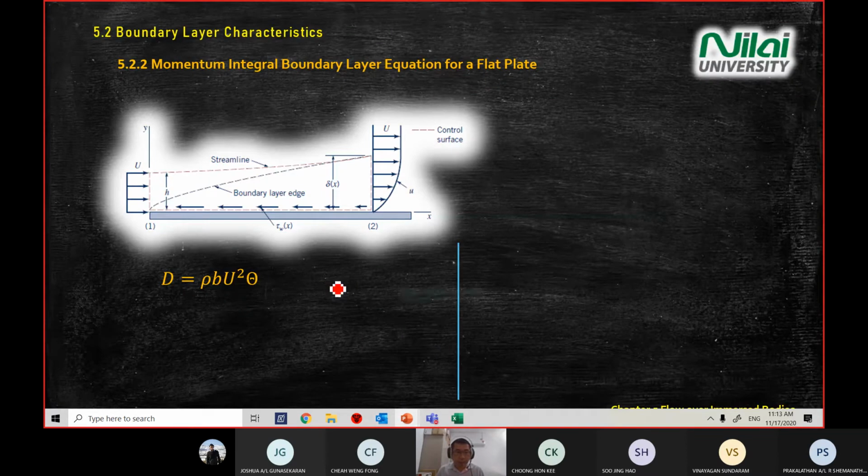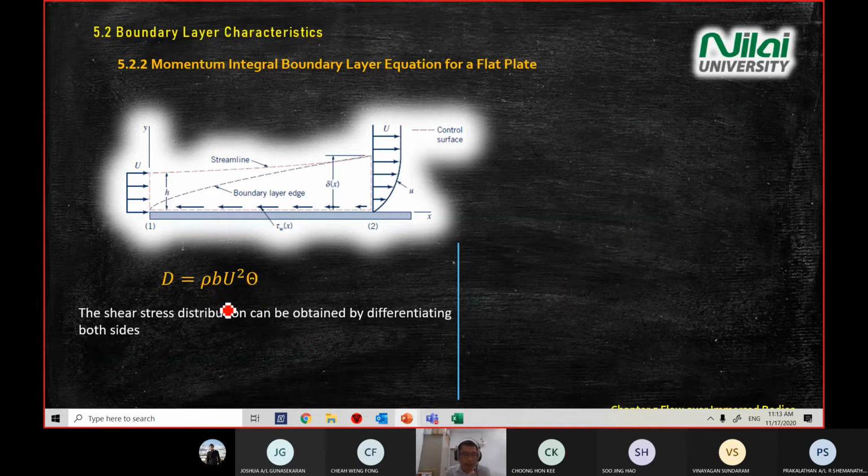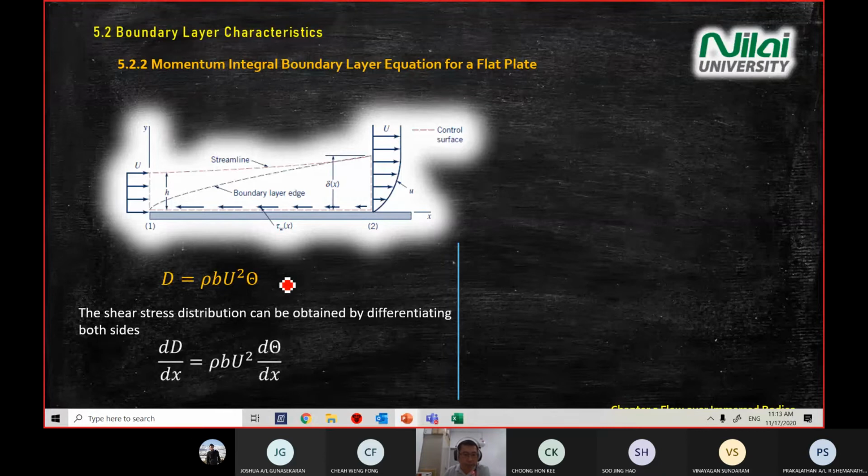Okay, we continue. So we explained how we get D equal to rho b U square theta. Now we look at the shear stress distribution. Because in this equation we don't have shear stress, we want to convert this one in terms of shear stress.